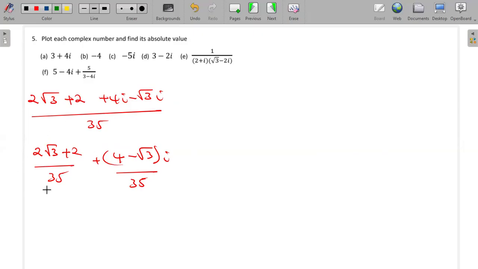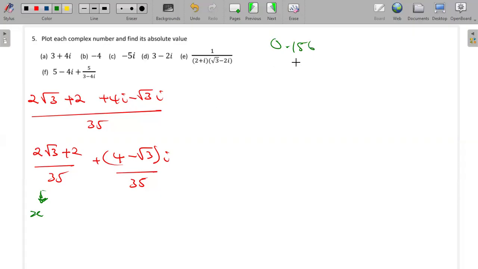If I compute the real part on a calculator, 2 root 3 plus 2, then you divide by 35, okay, let me do that again, 2 root 3 plus 2 divided by 35, you get something like 0.156. So this gives us that approximation.